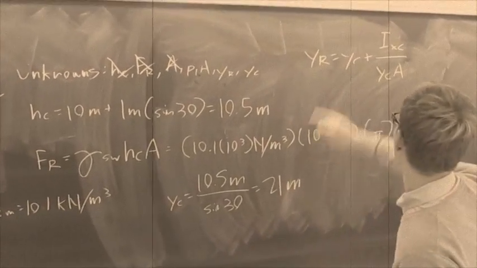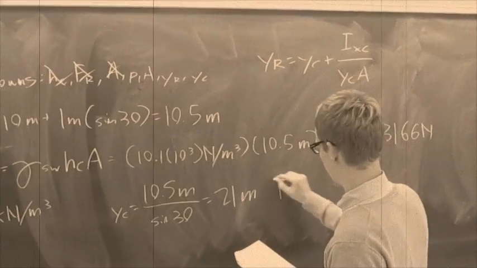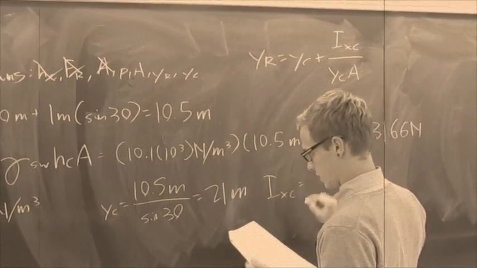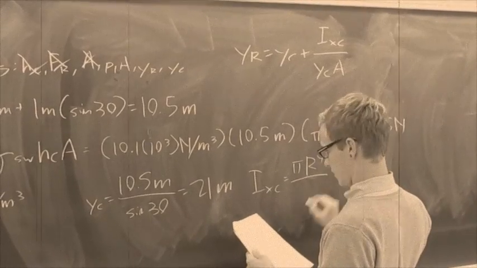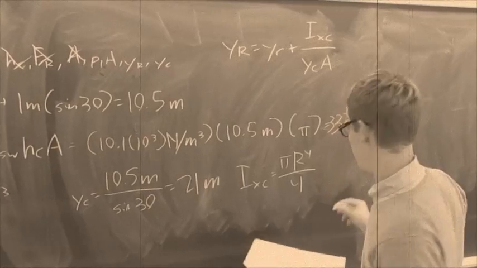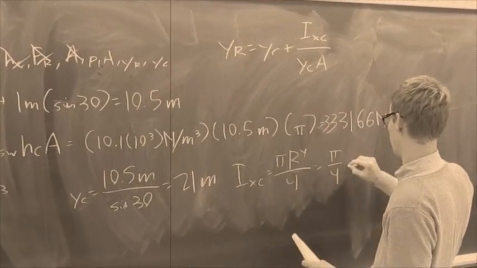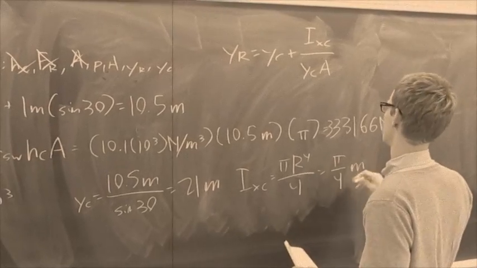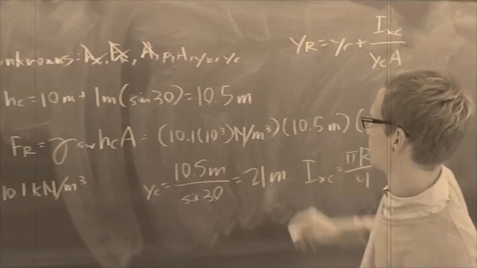All right, so now we know all the components of that except IXC, which is equal to pi r to the fourth divided by 4. Once again, our radius is just 1, so that ends up being pi over 4 meters to the 4th.